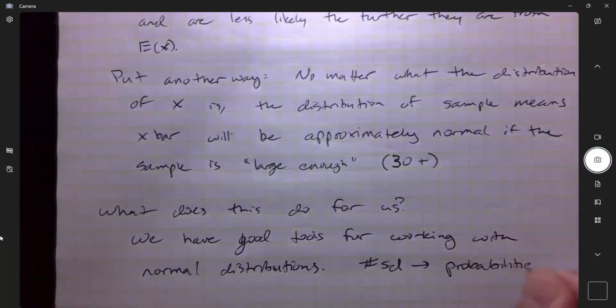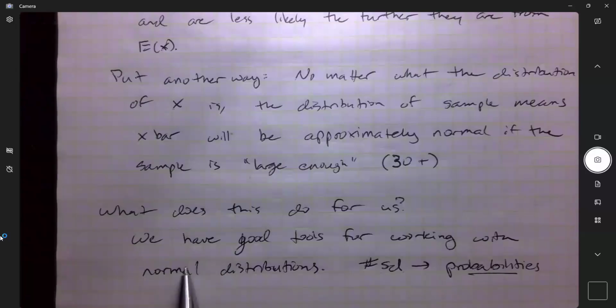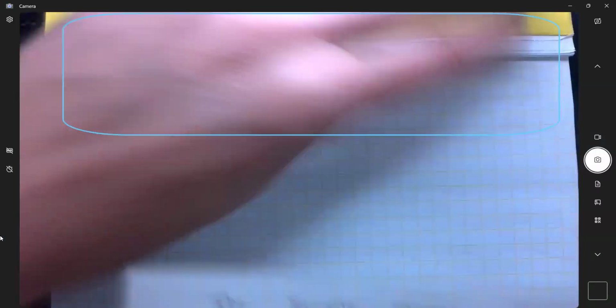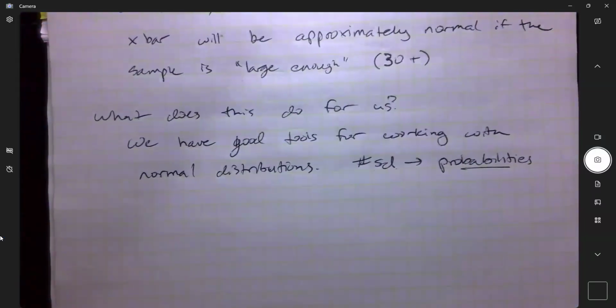And probabilities are how we make decisions in statistics. But this mapping from standard deviations to probabilities works much better with normal distributions than any other kind of distribution.